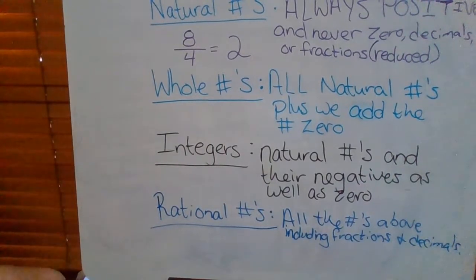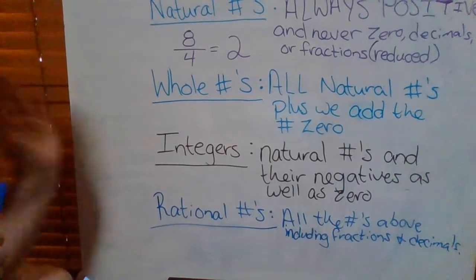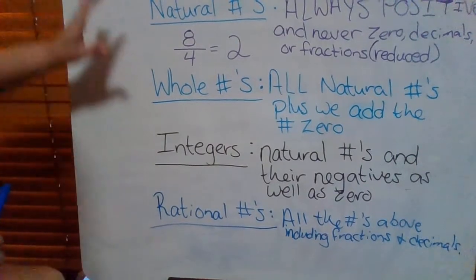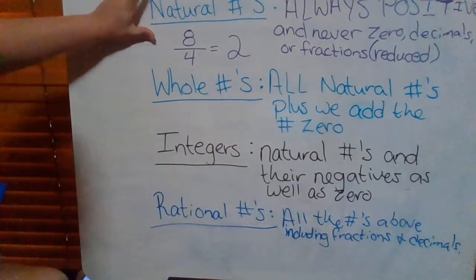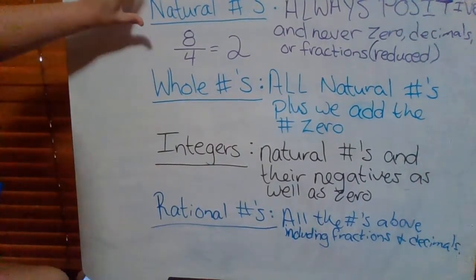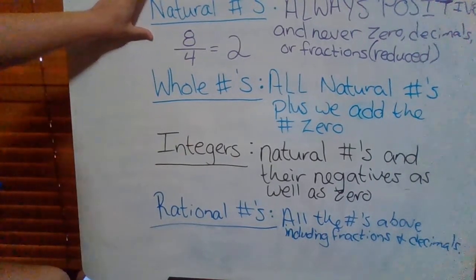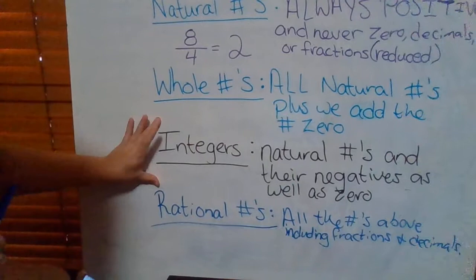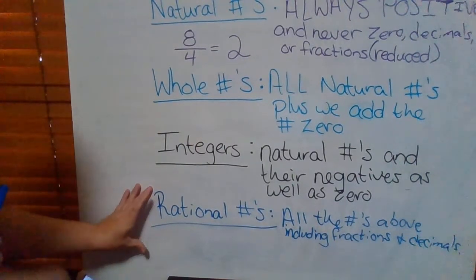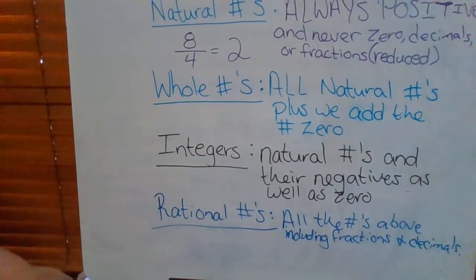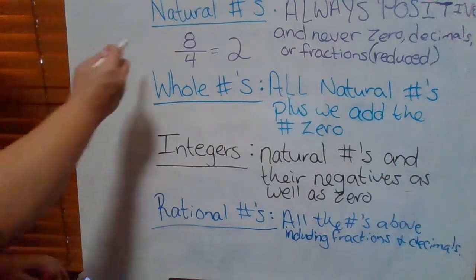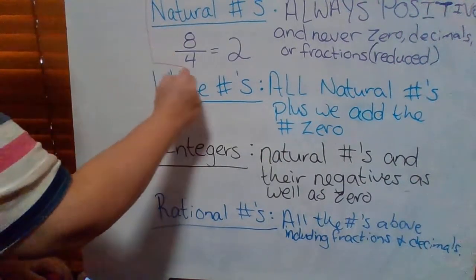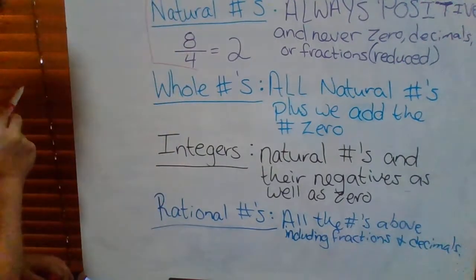But what you need to understand is when you're classifying them, if you can classify it as a natural number, then it's not only a natural number, it is also a whole number. It is also an integer, which means it's a rational number. Your natural number is your smallest group of numbers.